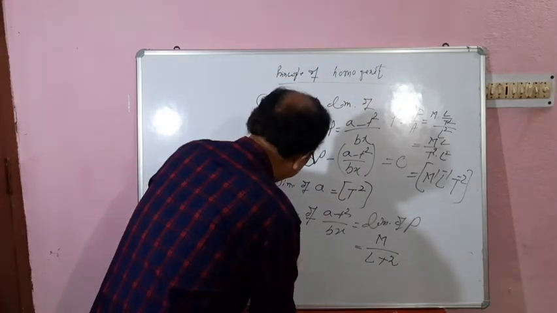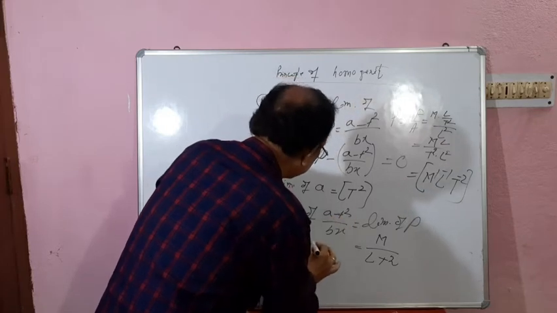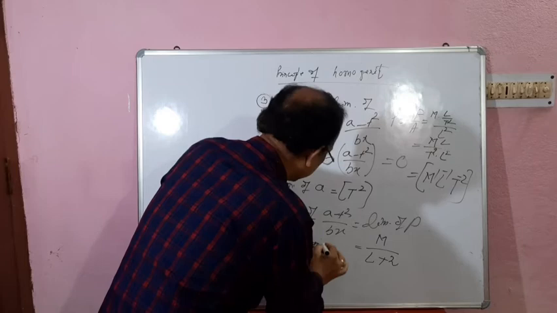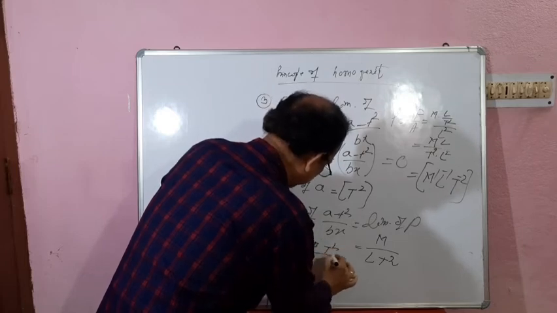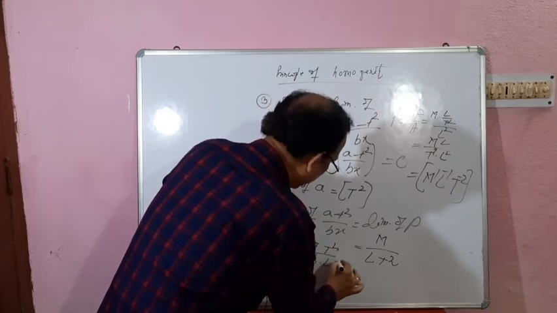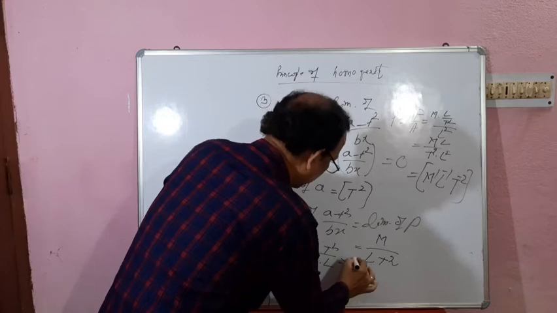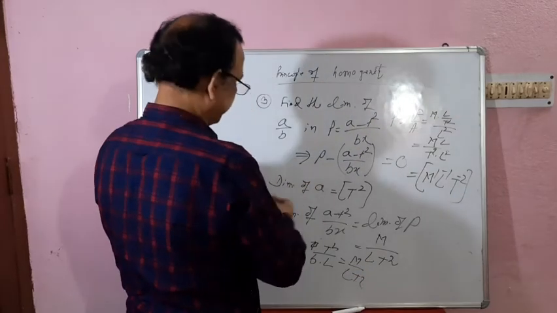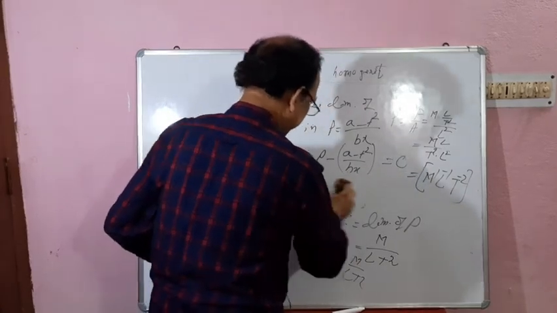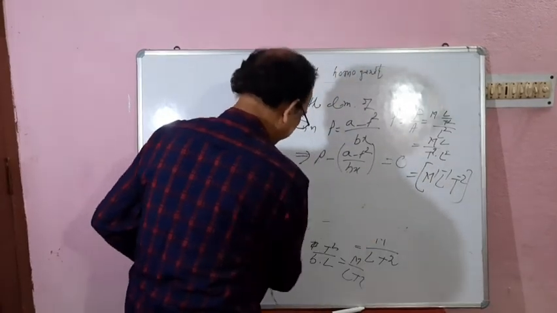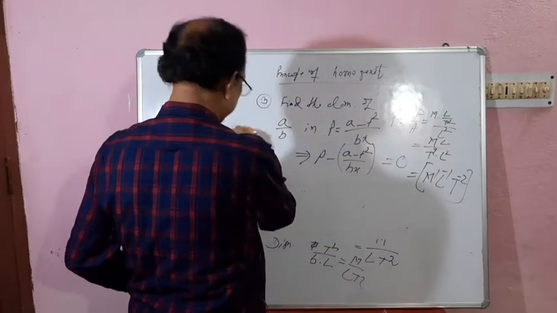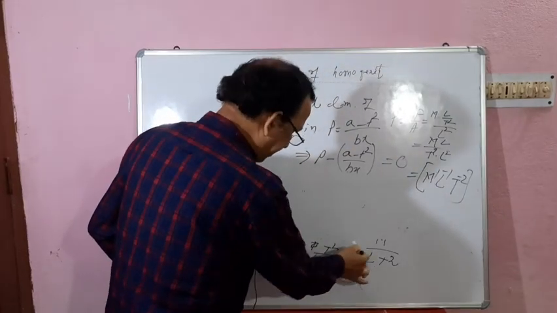So dimension of, that is T square by B into L, it is equal to m by L T square. So what is B?